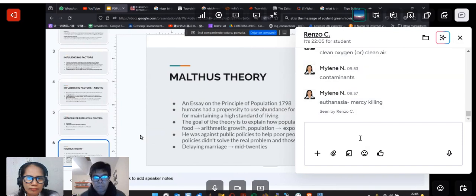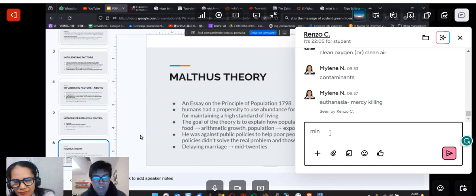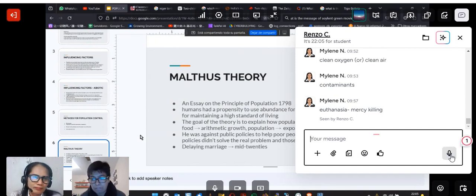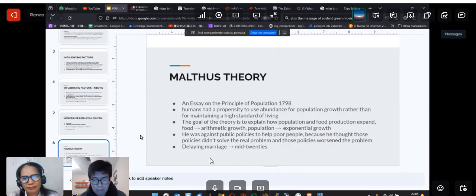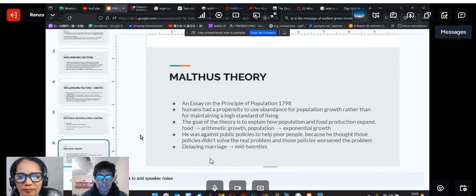And well, when I was researching this, I found this Malthus theory. Robert Malthus was a British economist, and there are people with the profession of calculating the growth of the population.